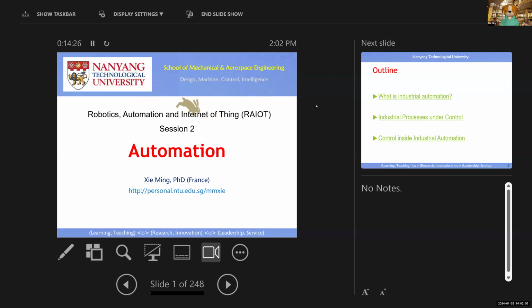So today's study is extremely important, extremely useful, right? The knowledge about control will not only apply to robots, it will also apply to other types of automated equipment, right? So this knowledge is extremely important.